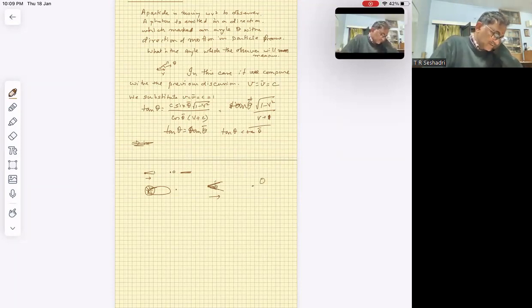And I have an observer here. This angle is going to become smaller for this observer. This is the unprimed frame. This is the moving frame, the k-bar frame. So this theta is going to become smaller. The photons which were in this cone have now got into a narrower cone.